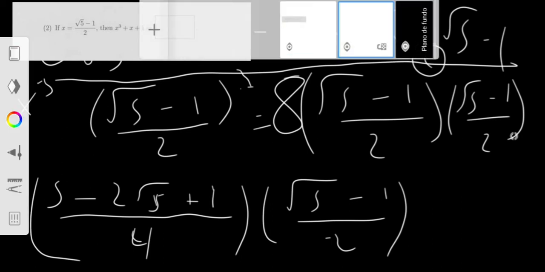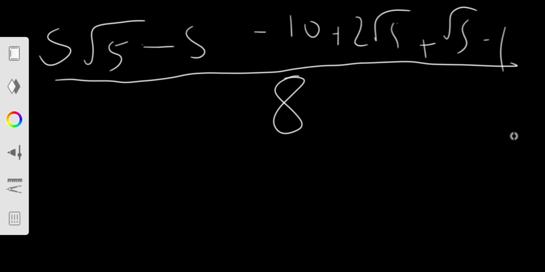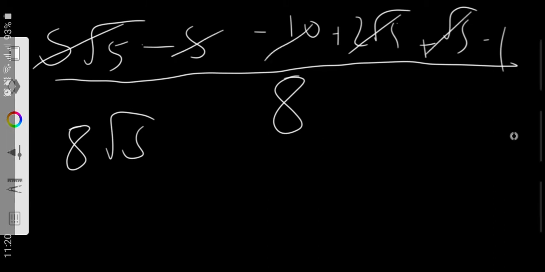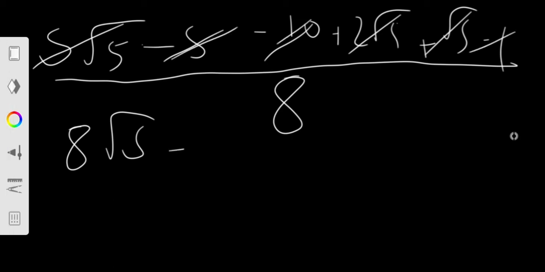So let's see what we have. 5 plus 3 is 8 square root of 5. I just added this with this with this. So minus 15 minus 16, divided by 8.